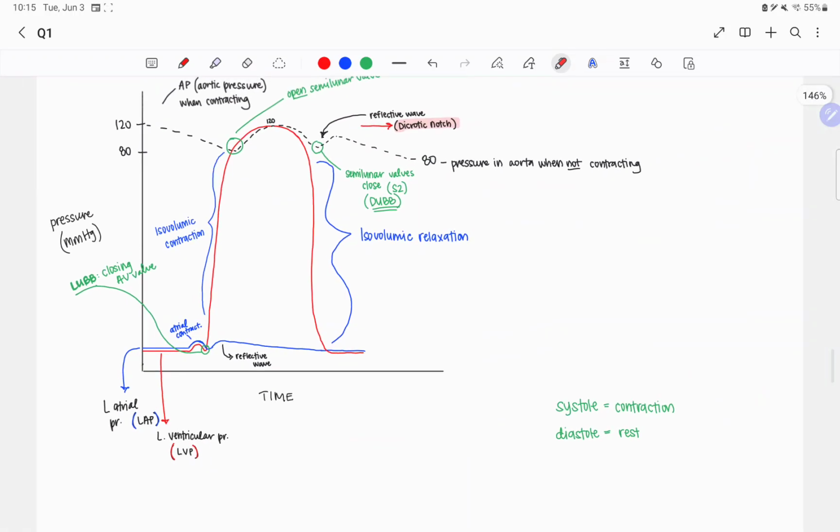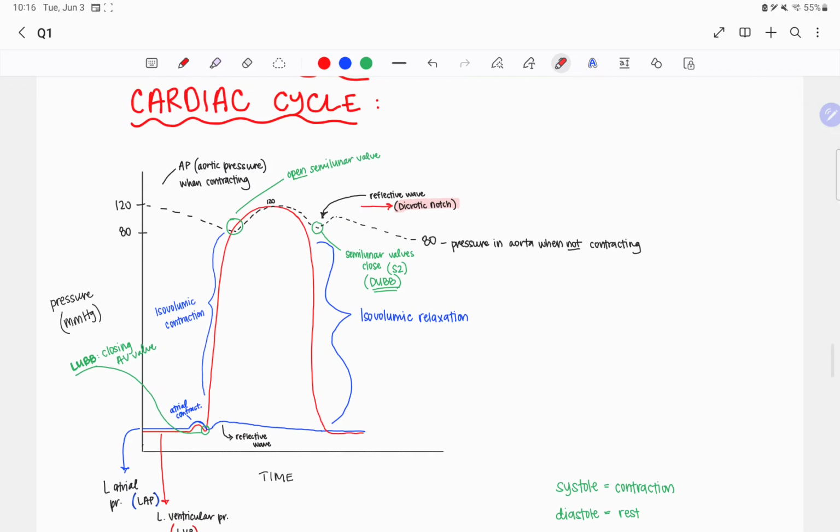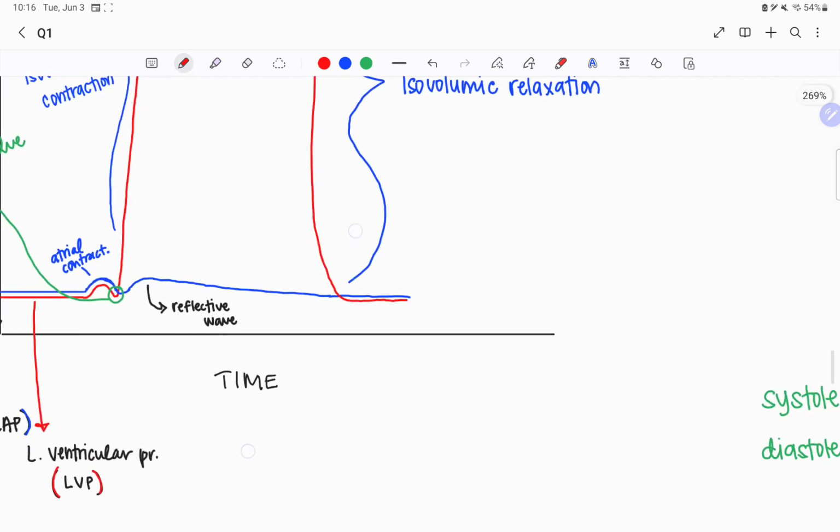So before I start, I just want to make sure you guys understand that right now I'm talking just about the left ventricle. Not because I don't like the right ventricle. The left ventricle is important. Okay, so we're going to talk about this one.